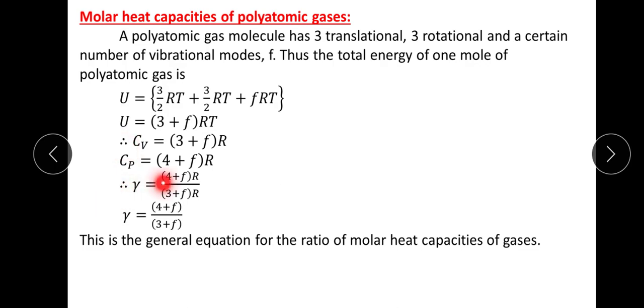So gamma is equal to 4 plus F into R divided by 3 plus F into R, so gamma is equal to 4 plus F divided by 3 plus F. This gives the ratio of molar heat capacities for polyatomic gases, where F is the number of vibrational modes. So this is the general equation, 4 plus F by 3 plus F.